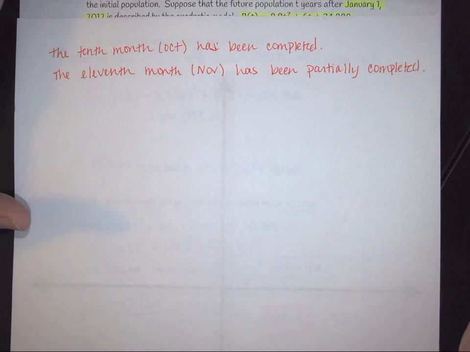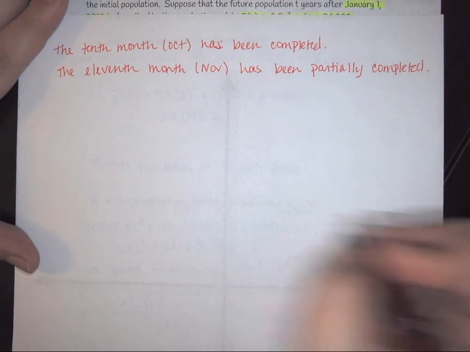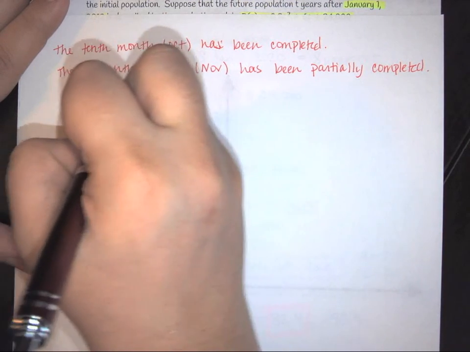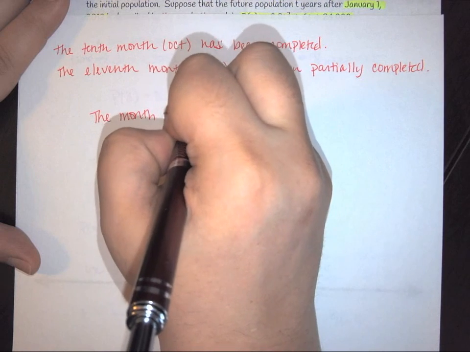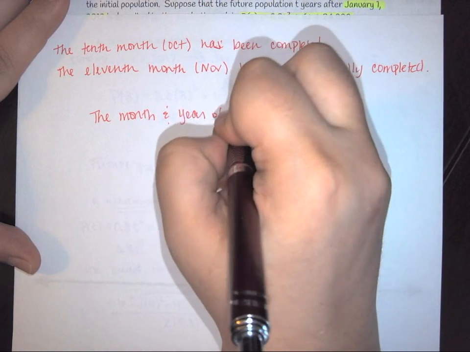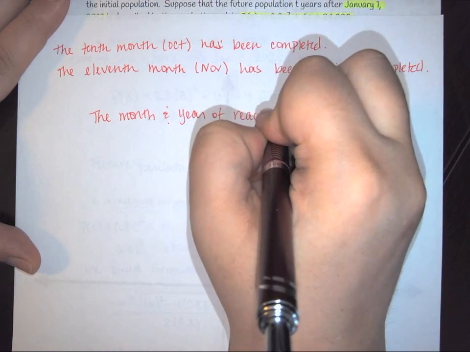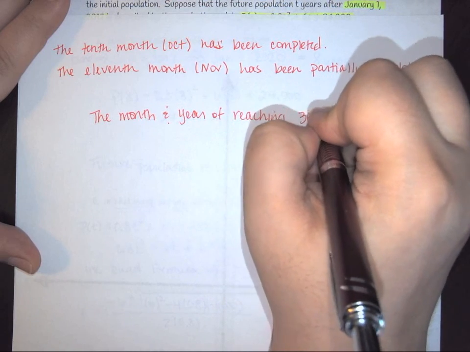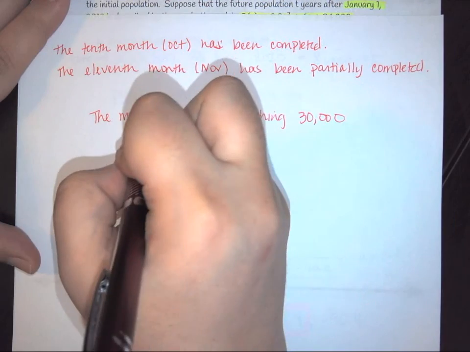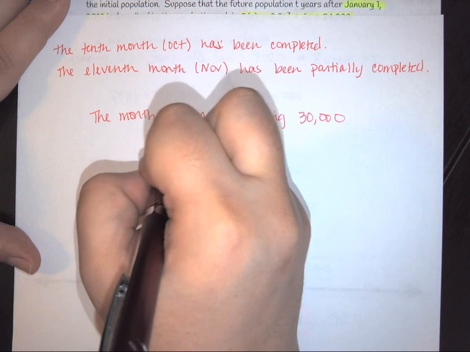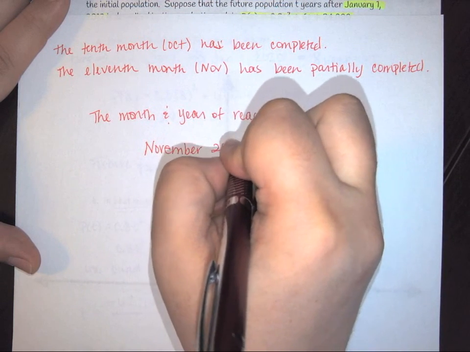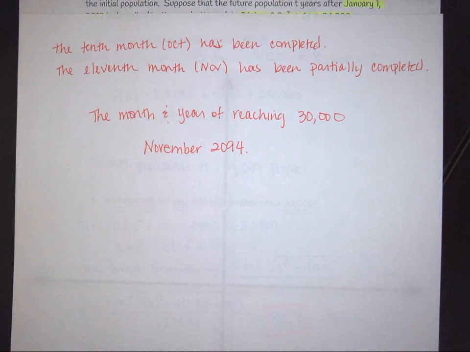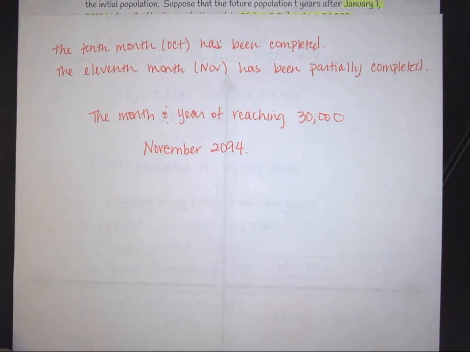Okay. So therefore, to answer the question, the month and year of reaching 30,000 would be November of 2094. Okay.